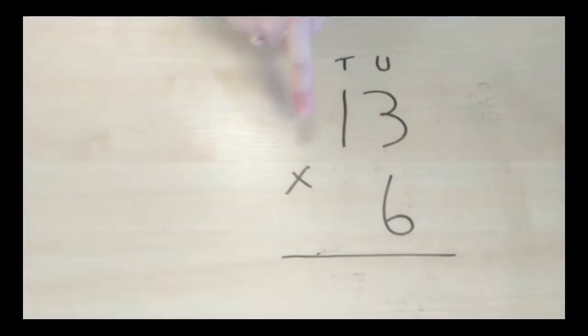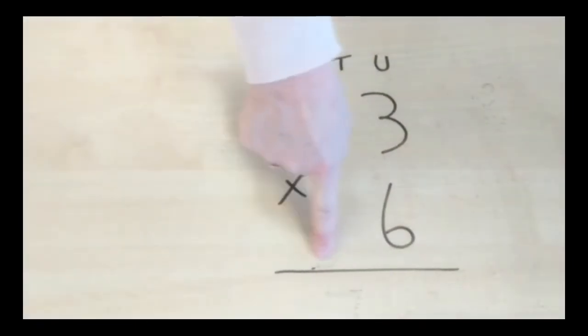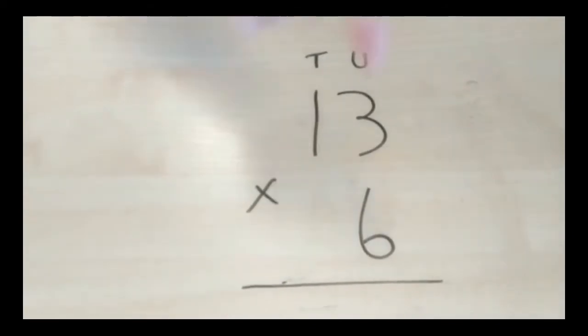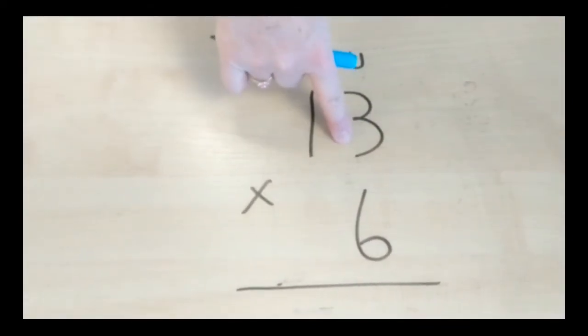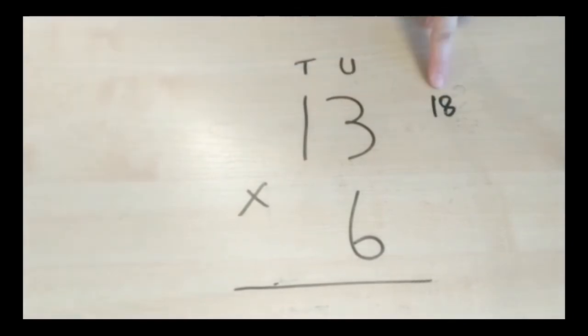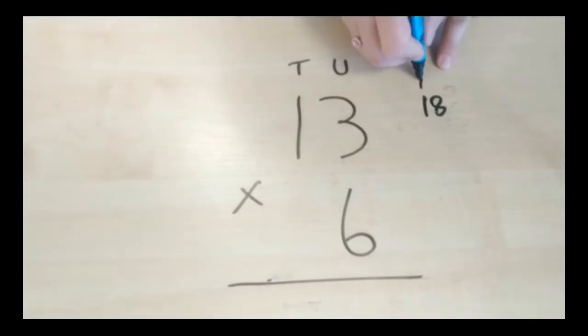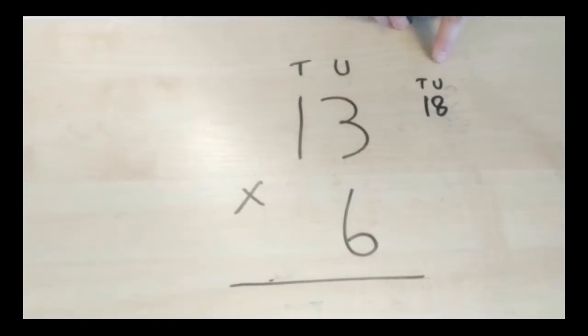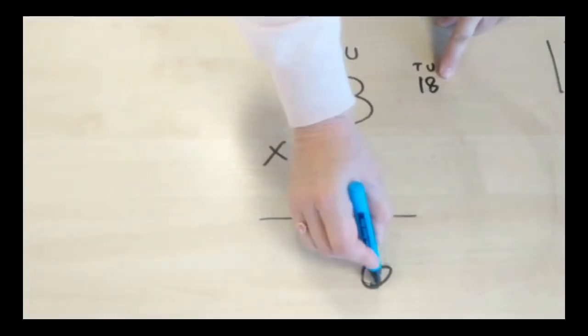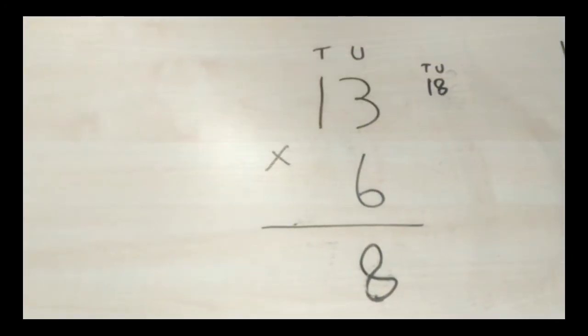So 13 times 6 equals. Again, let's start with the units. 6 times 3 is 18. Just going to write it here so you can see I have my tens and my units. So the units 8 belongs in the column of the units.